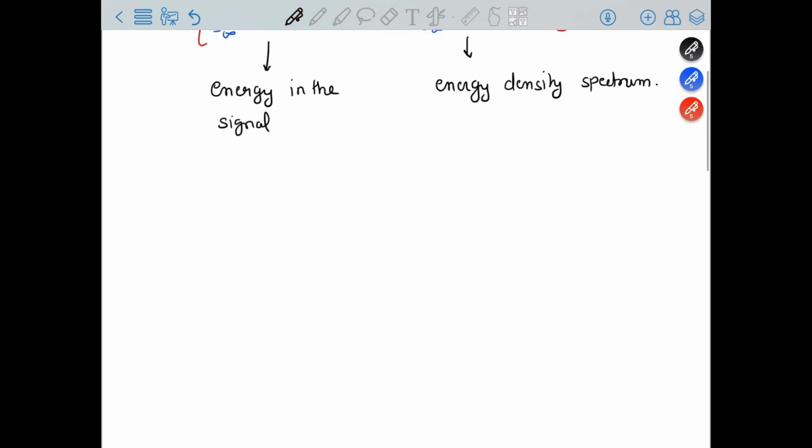So now we'll see a small derivation of how this expression can be verified. We have our signal on the left hand side as the integral from minus infinity to infinity of mod of x(t) whole square dt. We can rewrite this expression as the integral of x(t) multiplied with x conjugate of t dt.